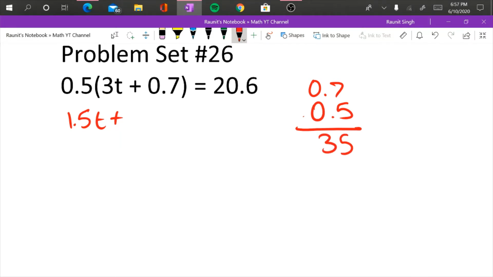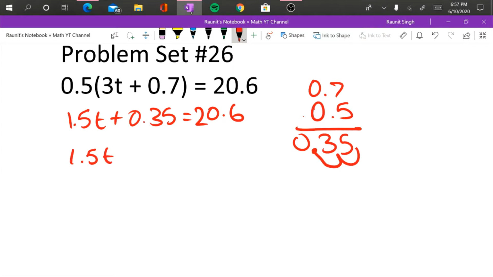Then you count how many numbers are to the right of the decimals. In this one, there's 2 numbers, and both of them have 1 number to the right, so we move the decimal 2 places to the left, and then we're just going to get 0.35 as our number.